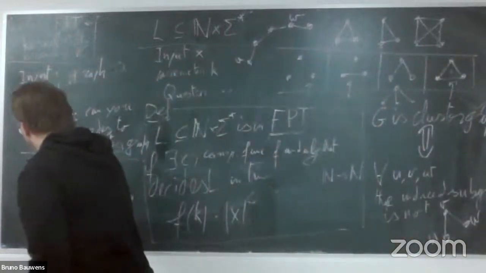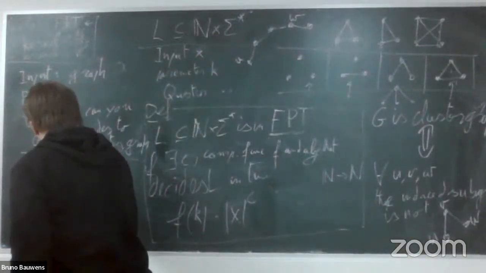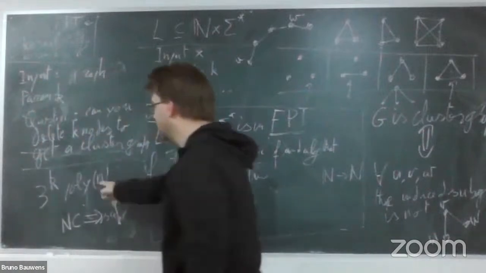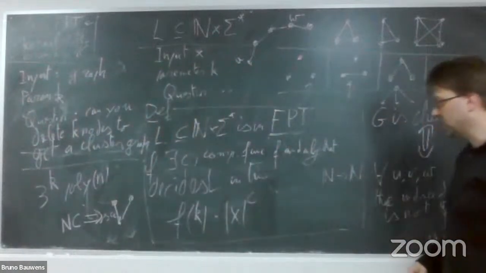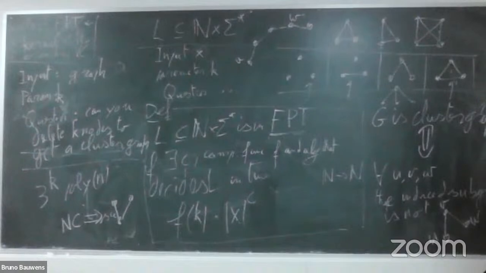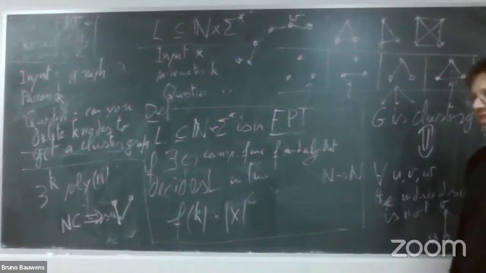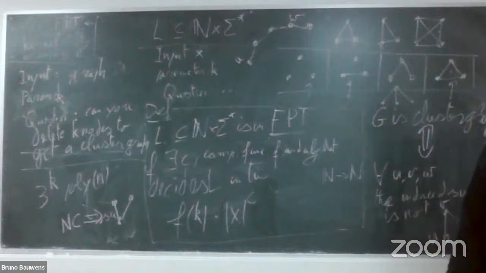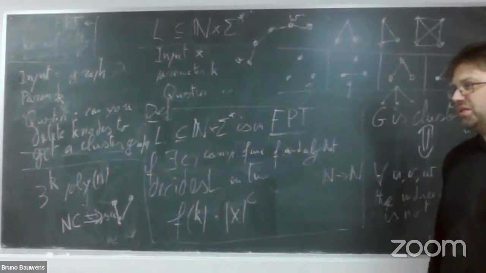So we have 3 to the power k times poly n, where n is the number of nodes. 3 out of at most n, 3 choose n, which is n to the power 3. So you make 3 loops over all the nodes.